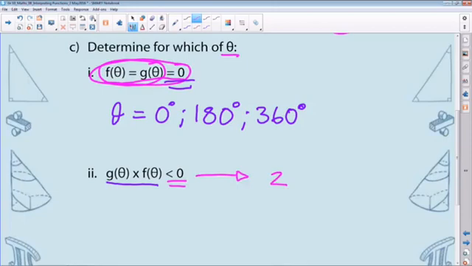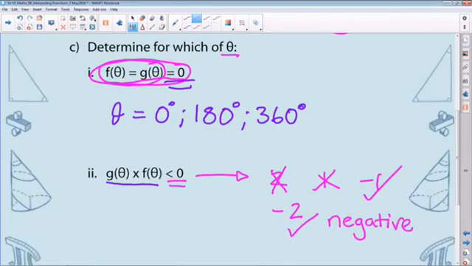Is 2 less than 0? No. Is 1 less than 0? No. Is -1 less than 0? Yes, it is. Is -2 less than 0? Yes. So basically, they're asking, where are we going to get negative numbers?